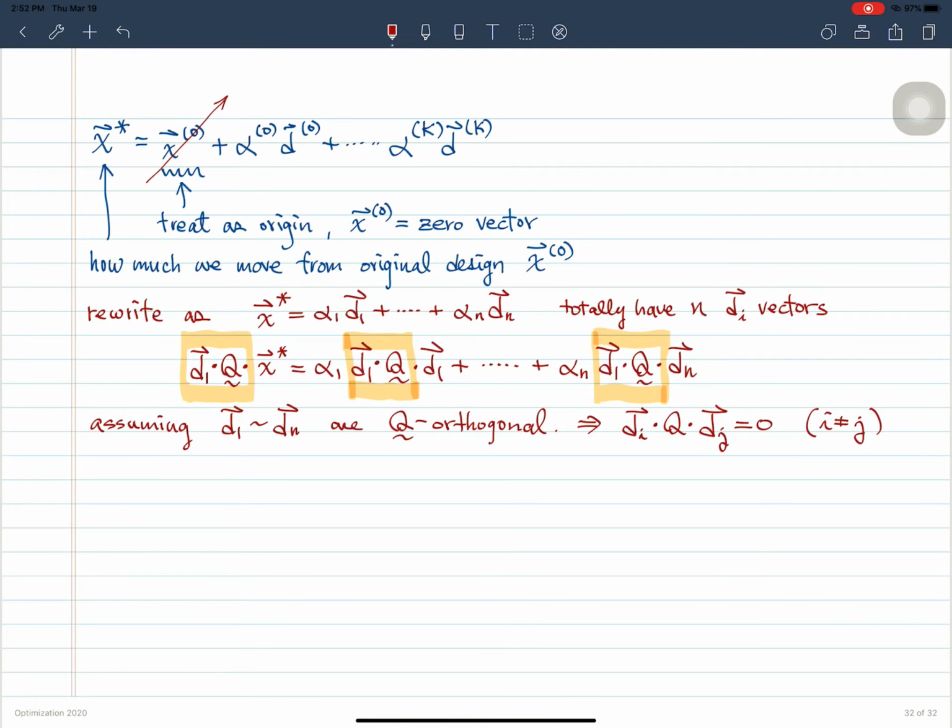So every D dot product with Q dot the other D should be 0 if they are Q orthogonal, right? So if we have this assumption, then this equation becomes D1 dot Q dot D1. And how about the remaining? The rest of them become 0, because this is D1 Q D2 until D1 dot Q dot Dn. All of them are 0. Only this one is not 0.